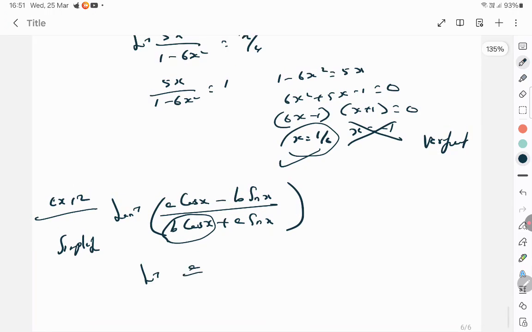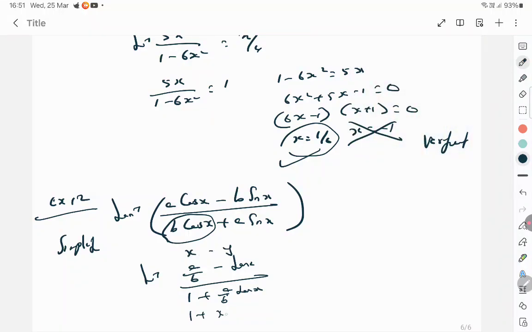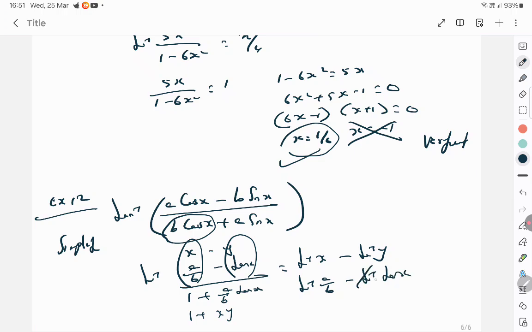So tan inverse of (a by b minus tan x) by (1 plus a by b tan x). And this is similar to (x minus y) by (1 plus xy). So it's tan inverse of x minus tan inverse of y. In the place of x you have this, in the place of y you have this. So then it's tan inverse of tan x, and this gets cancelled. The answer is tan inverse of a by b minus x. Simply this is the answer.